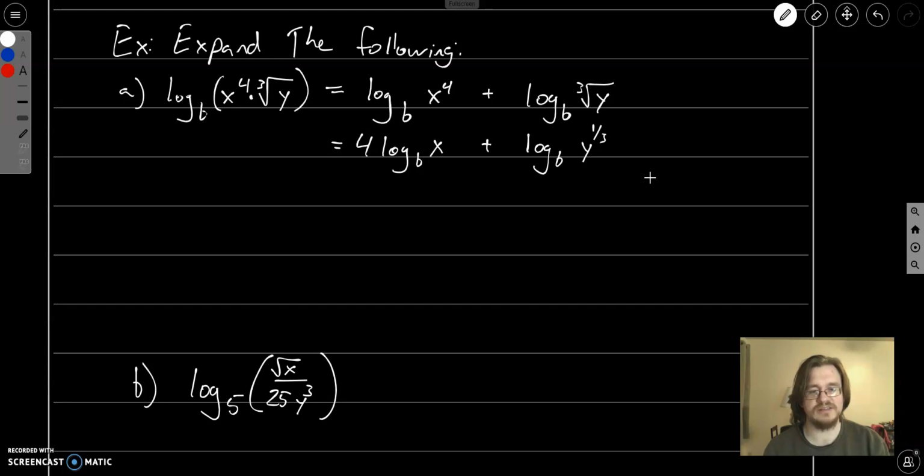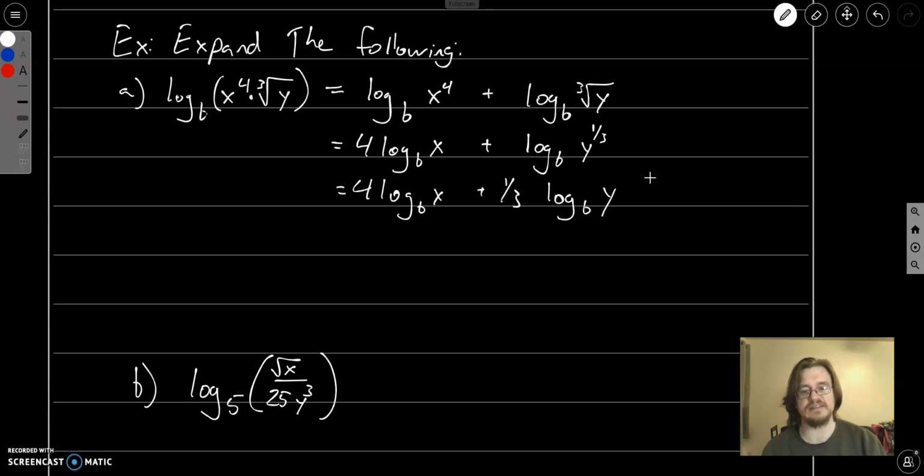So I've just replaced this with an alternative way of writing it. And we can see that this is going to be the same as the other half of this equation, where I have an exponent. So I'm going to bring that down out front and write 1/3 times the log base b of y. So we've expanded this out as much as we can. I can't simplify log base b of x and log base b of y anymore.